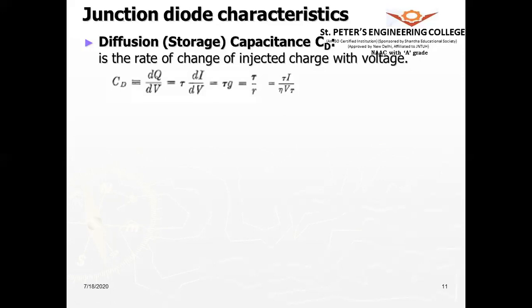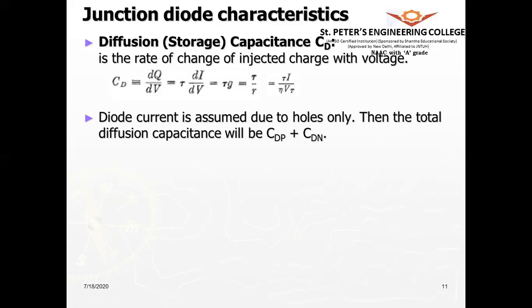So CD by definition is equal to dq by dV, which we can write as tau into di by dV, which we can write in terms of the conductance G. Therefore the diode current is assumed due to holes only.